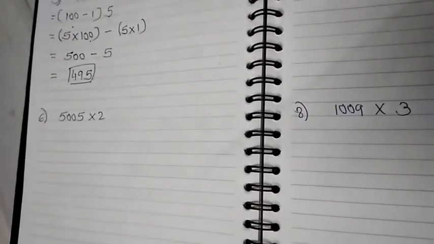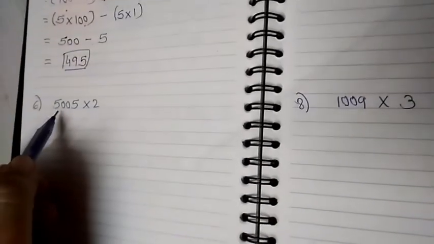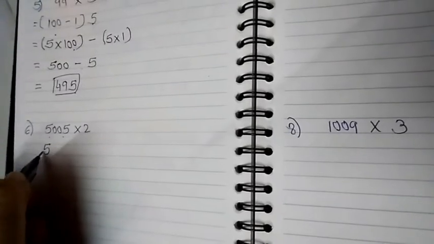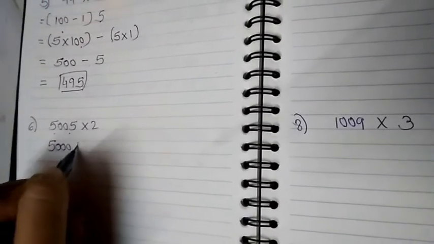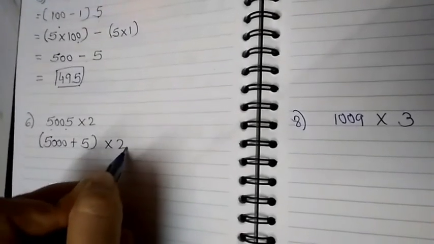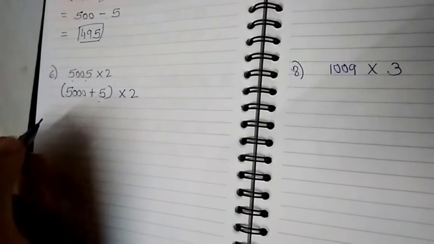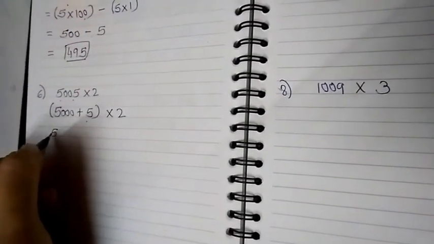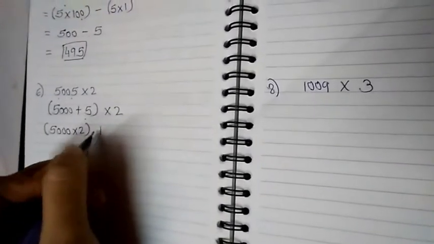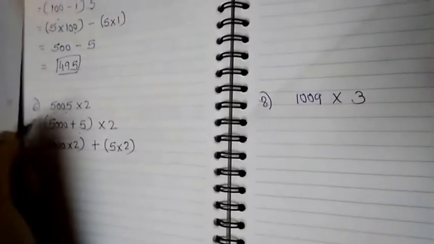Now question number 6 is 5005 multiplied by 2. Here also, if you see, this 5005 is near to 5000. So 5000 plus 5 multiplied by 2. Now this 2 we will distribute to both the numbers. So 5000 multiply by 2 plus 5 multiply by 2.